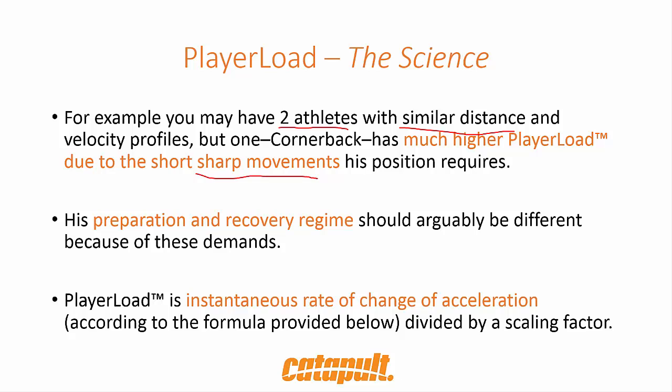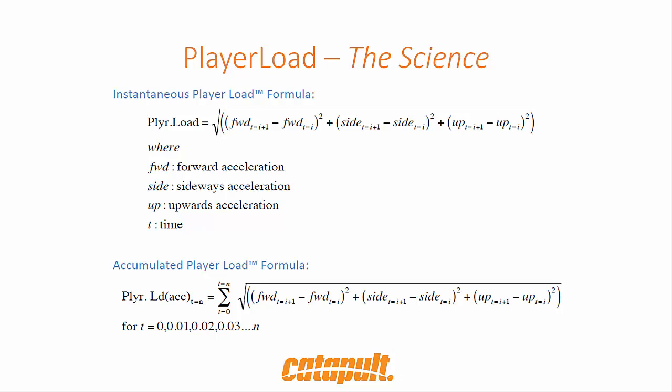Player load is basically an instantaneous rate of acceleration, and I'll show you this formula shortly. And what we get from that, by dividing by a scaling factor, is this nice whole number, so we can see from a team view, let's say, where everybody stands in terms of this one metric. We'll talk about one here, the instantaneous player load.